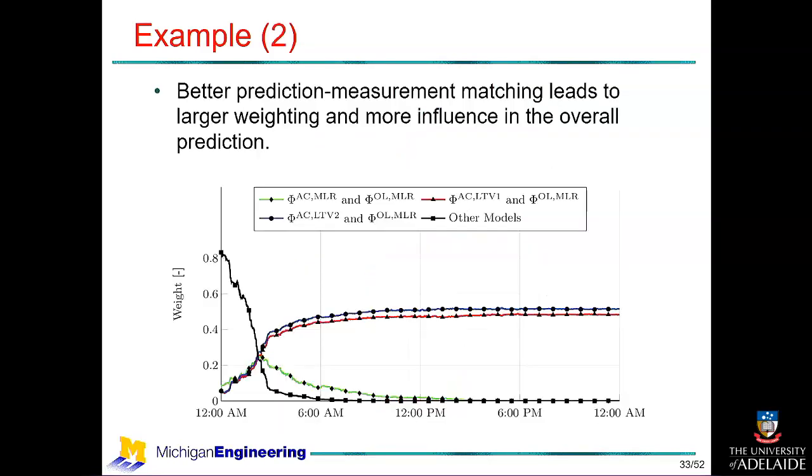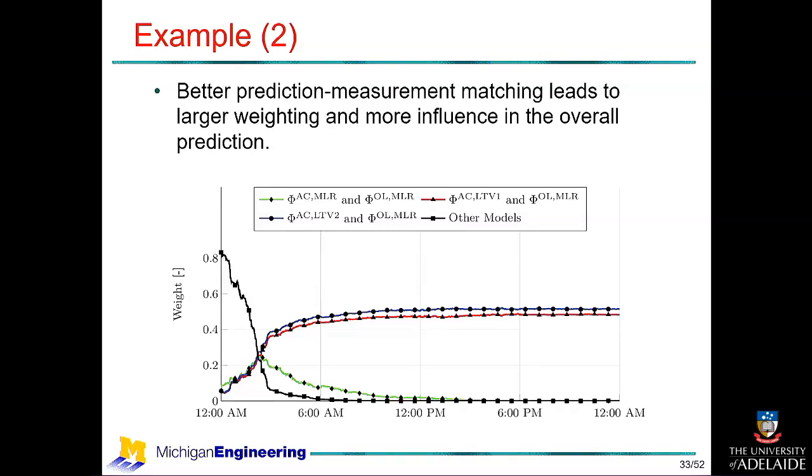And then the evolution of the weights is shown here. Again, without going into any of the details, you can see that the best model combinations show up pretty well. All of the models are initialized to equal weights, so that's what's happening up here.